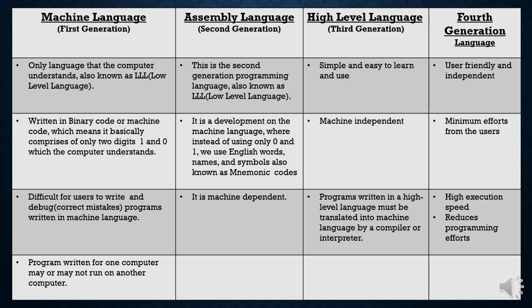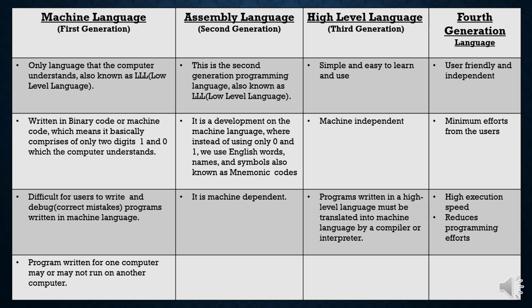They are written in binary language of 0 and 1. It is difficult for users to write and correct mistakes in a program written in machine language. A program that you write for one computer may or may not run on another computer.